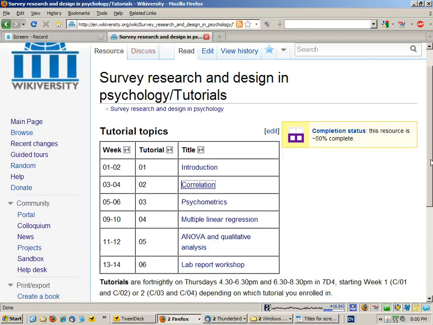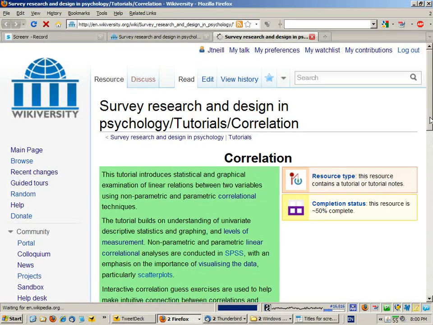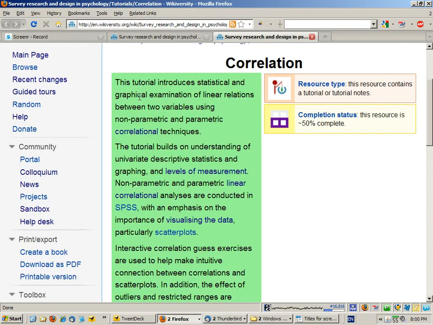I'm starting with the tutorial page, going to the correlation notes, and this tutorial will introduce you to statistical and graphical examination of linear relationships between two variables, and we will use both non-parametric and parametric techniques.